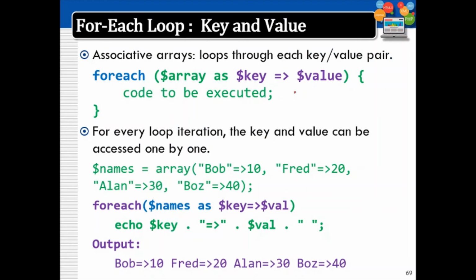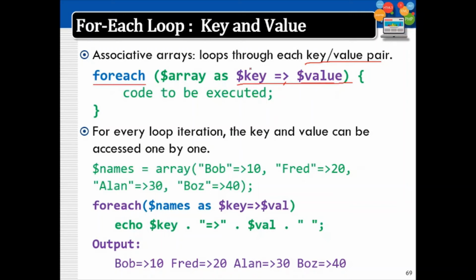In the beginning, I have already informed that PHP supports associative arrays, that is hashed arrays which have key value pairs. In case of such an array, we can again use the foreach statement as $key => $value. So in this case, we have keys as well as values.